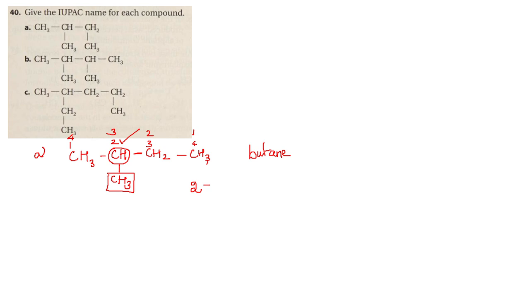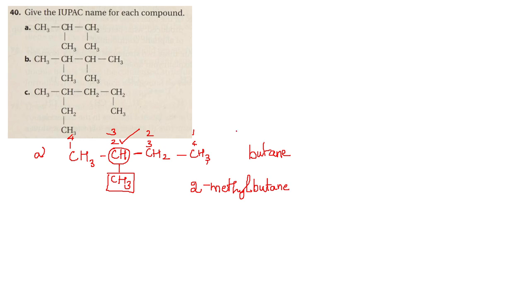CH4 is methane, so CH3 is methyl. So it is 2-methyl. There's no more substituent, so just 2-methyl butane. You see the same name, the same structure as shown. It appears like a different compound by the way it is written. The previous compound was also 2-methyl butane.